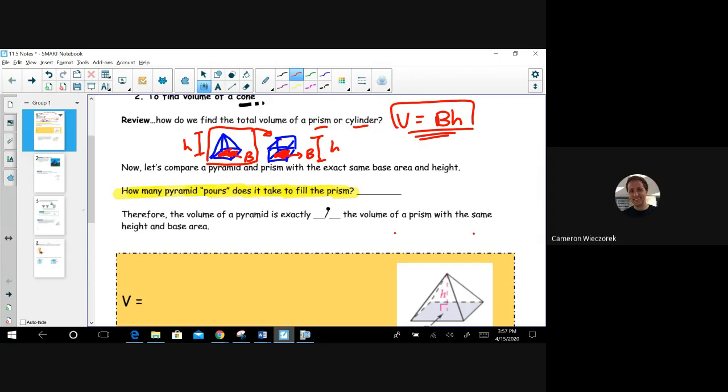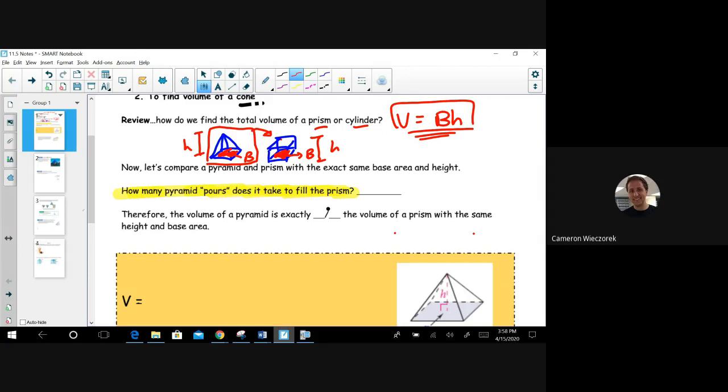How many pours do you think you would need? I'm going to pause for about 10 seconds, give you a chance to think, and then I'll reveal.